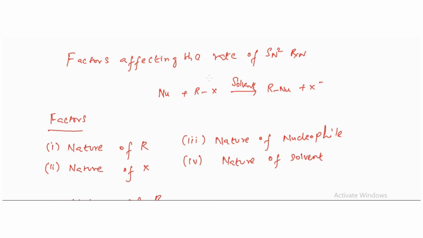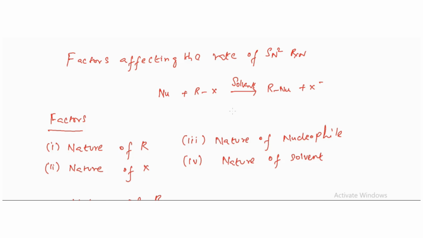The third one, the rate determining step: both the reactants, that is the nucleophile and the alkyl halide, are involved in the rate of reaction. That is why it is called bimolecular nucleophilic substitution reaction, in short SN2 reaction, that is its kinetic order.